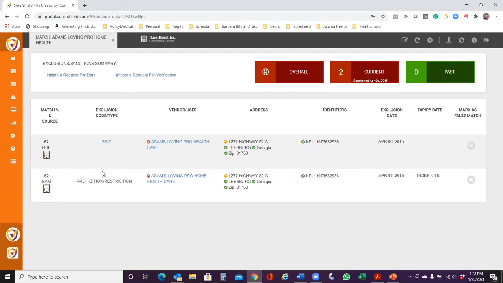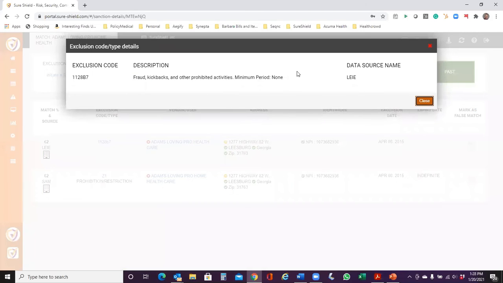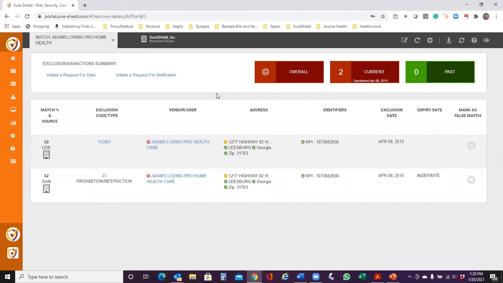Because all these databases are a little bit different in the nature of the information they provide, the more detailed that information is, you can actually drill into it to find out the reasons for that particular exclusion. So this individual was in here on the LEIE because of fraud, kickback, and other prohibited activities.